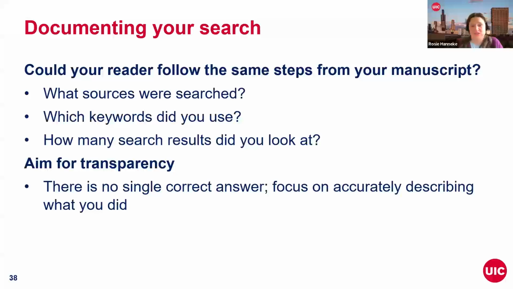It's not guaranteed, especially if you're doing something like a web search engine search. It's not a guarantee that they would get the same results, but can they search the same sources with the same keywords and screen the same number of results? So that's what you want to report out.